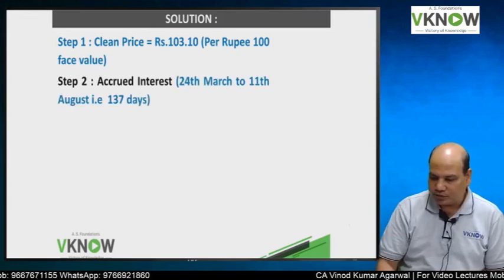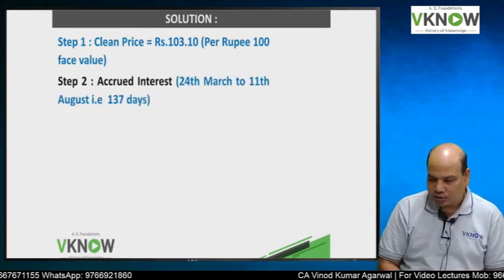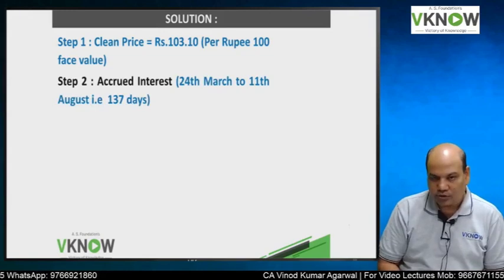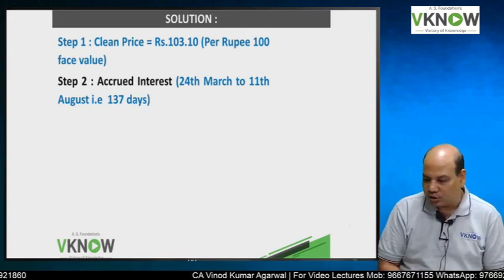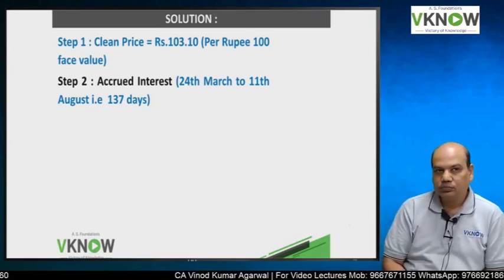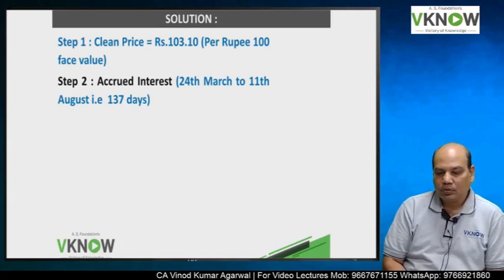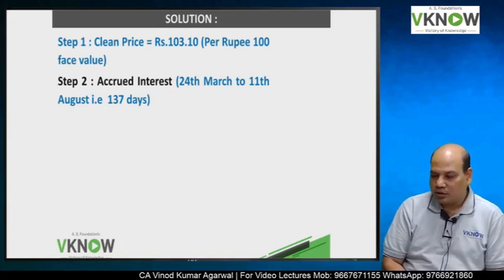Then you write down step 2, interest accrued. Interest accrued from 24th March to 11th August. That is 137 days.